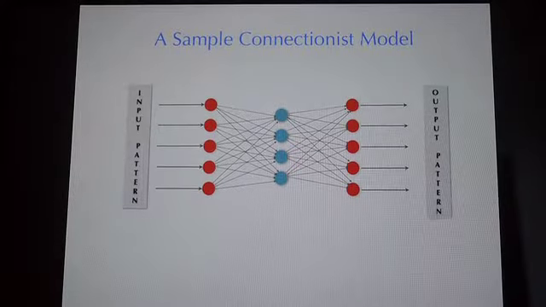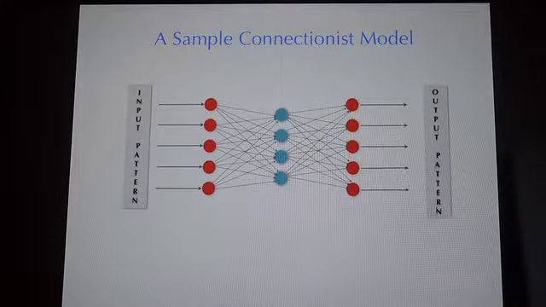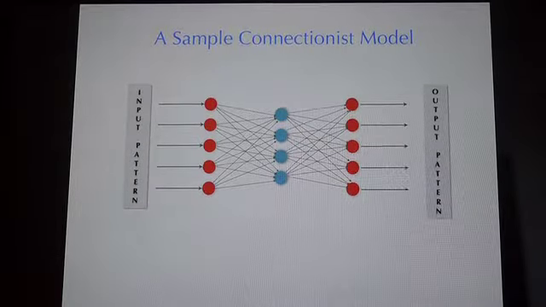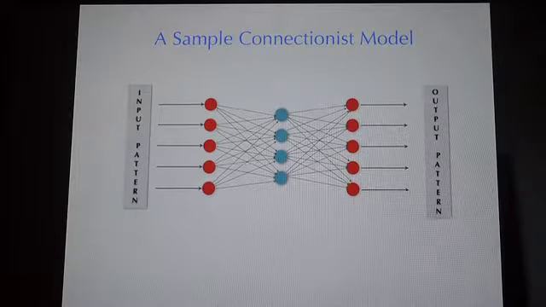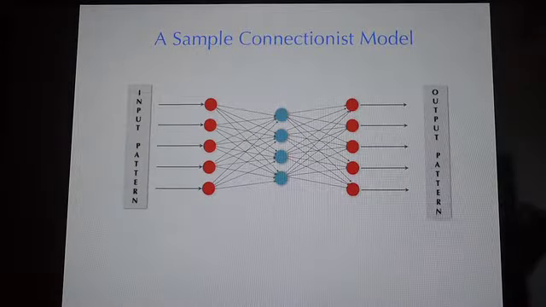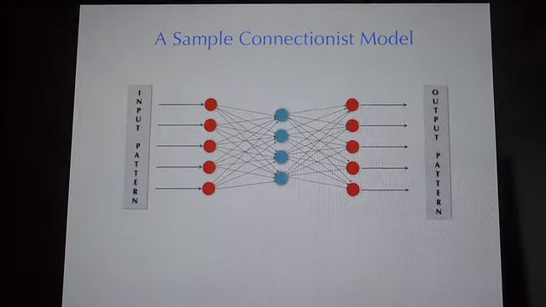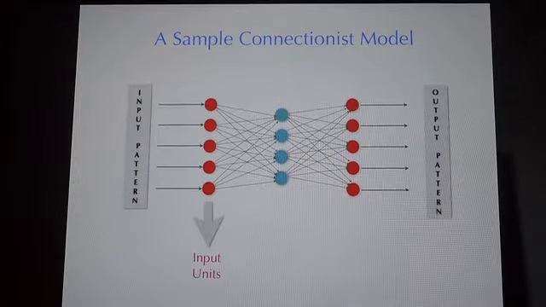These are the ones that receive the information or the signal directly from the outside world, from the outside of this model. So whatever the function of this model is, there are certain input signals that the model receives, and this is done by the input units.